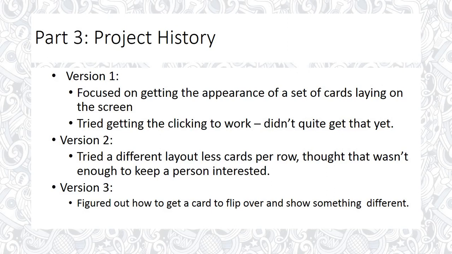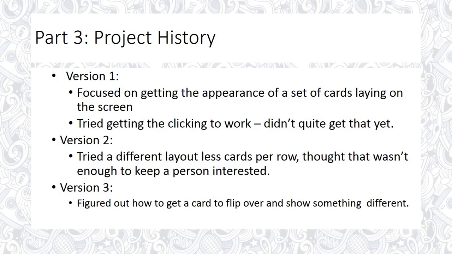So my version 1 was just trying to get some cards to display on a page. I didn't really worry about what's in the front or the back. I was just trying to figure out how I can make a set of cards and get it to show. I also tried to figure out how to actually click, and I couldn't quite figure out how that worked yet.